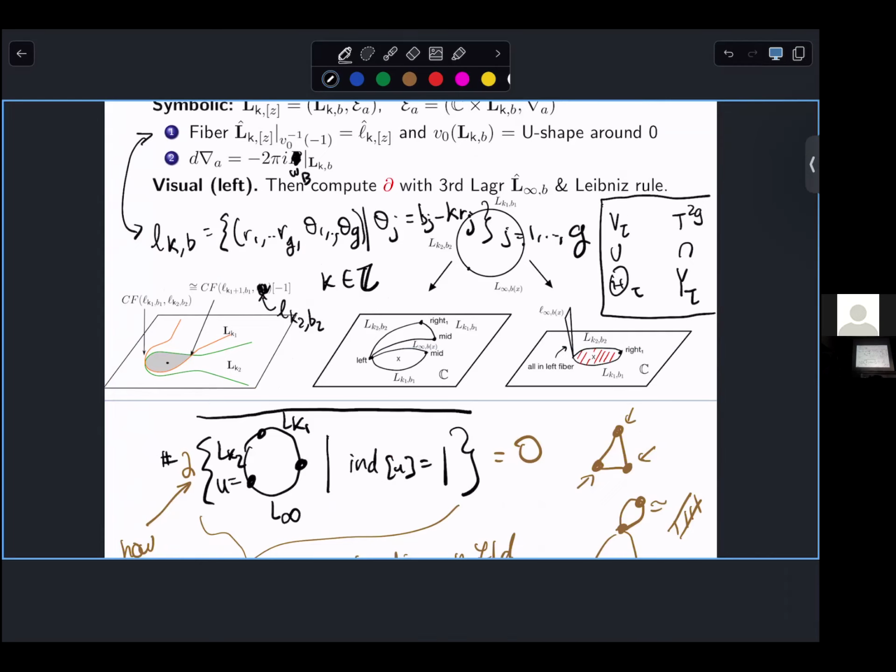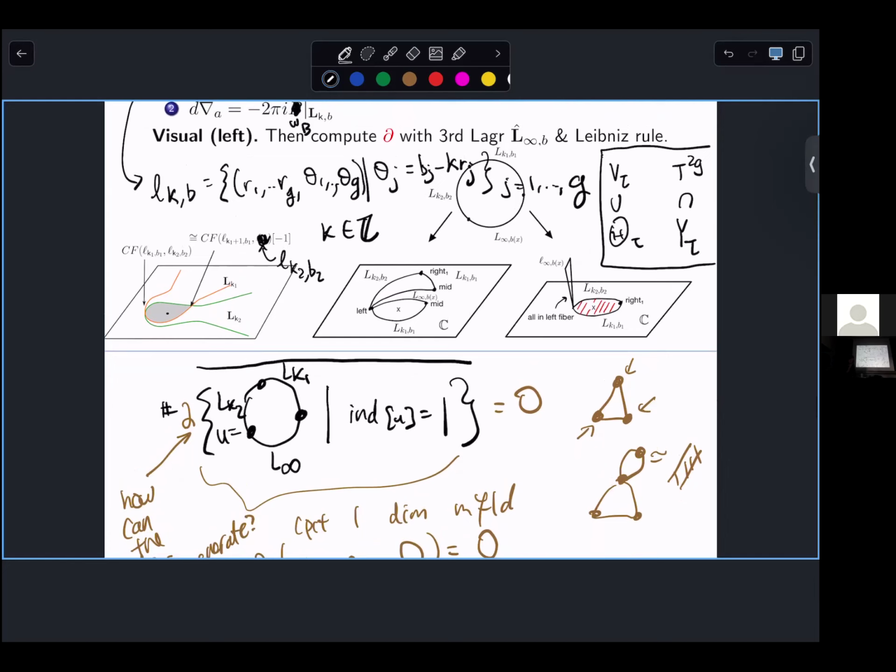I thought the banana picture is in a fiber, so I misunderstood it completely. It is in the singular fiber, it's part of the singular fiber. So the banana picture I get over the point, the black one, right?